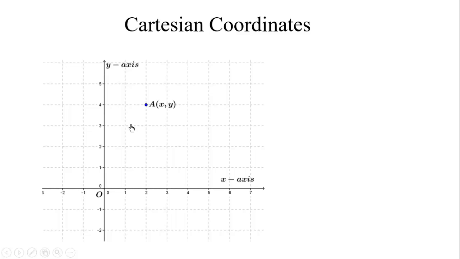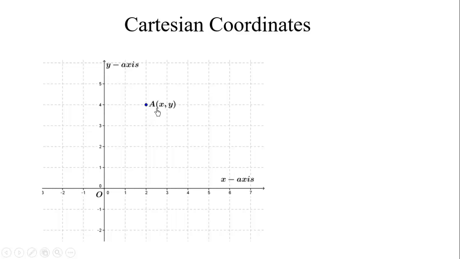Here is our Cartesian coordinate system, also known as the rectangular coordinate system. Now we have the x-axis to be the horizontal axis and the y-axis to be the vertical. Then the O, that's the origin where the two axes intersect.